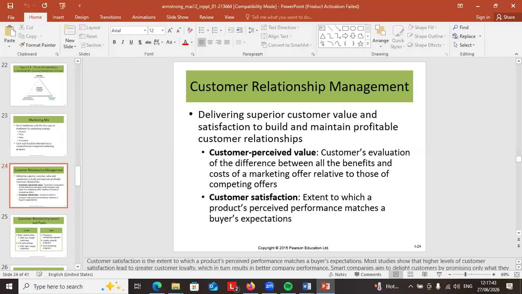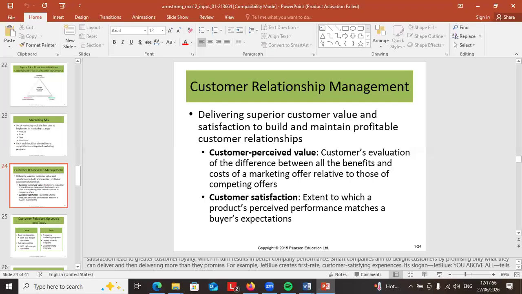And so smart companies aim to delight customers by promising only what they can deliver and then delivering more than they promise, right?